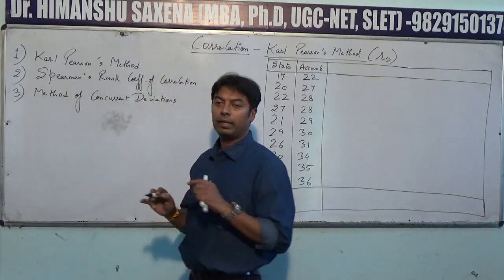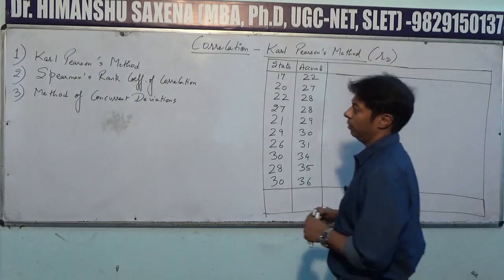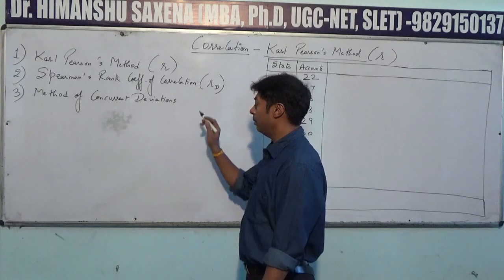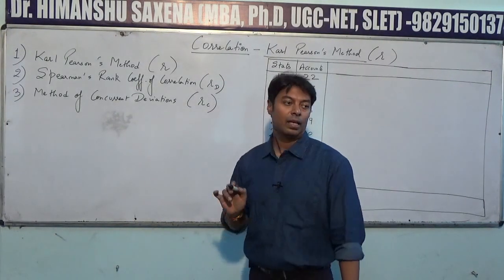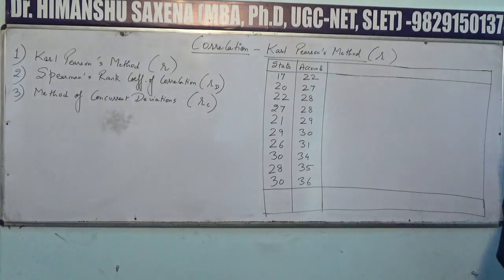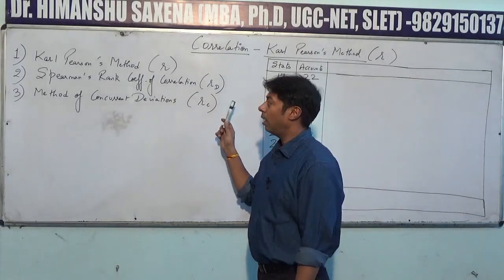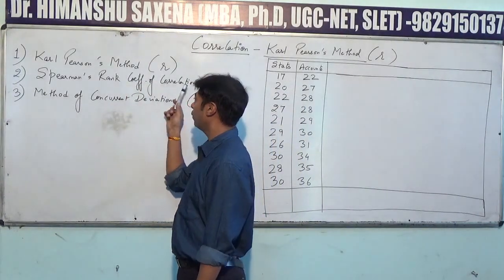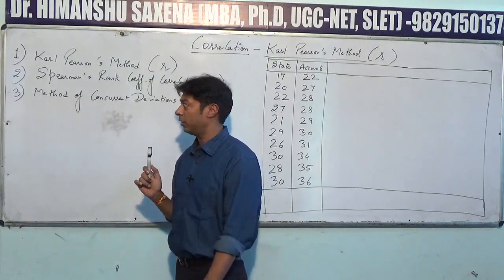So we can determine correlation by applying any of these three models. Spearman's is denoted by RD and method of concurrent deviations denoted by RC. So coefficient of correlation can be determined by using these three models. I repeat, Karl Pearson's method, Spearman's rank coefficient of correlation, or method of concurrent deviations.